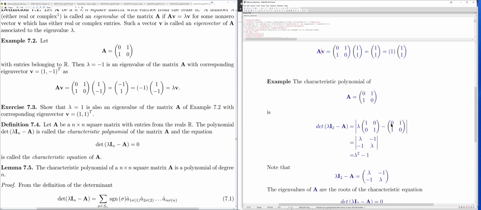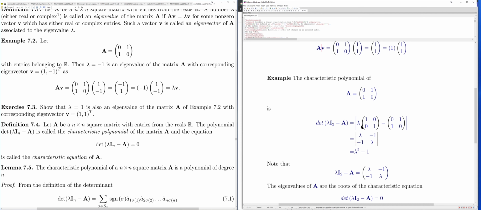So this object is lambda I_2 minus A. It's a matrix with lambdas on the diagonal, and you won't have any lambdas anywhere else, because matrix A didn't have any lambdas to start with. The only place the lambdas come from is lambda times the identity matrix, so they just lie on the diagonal.